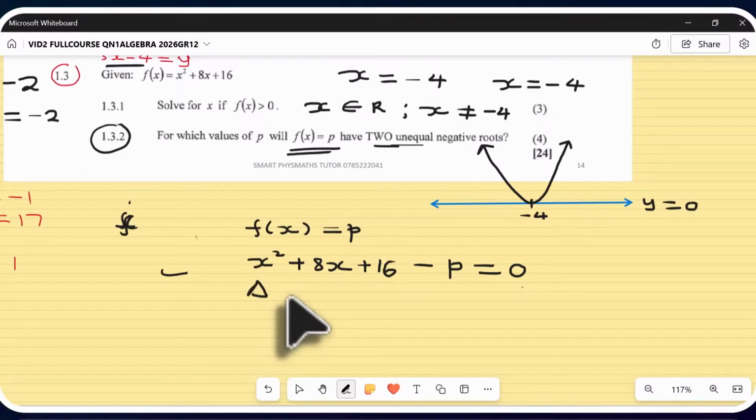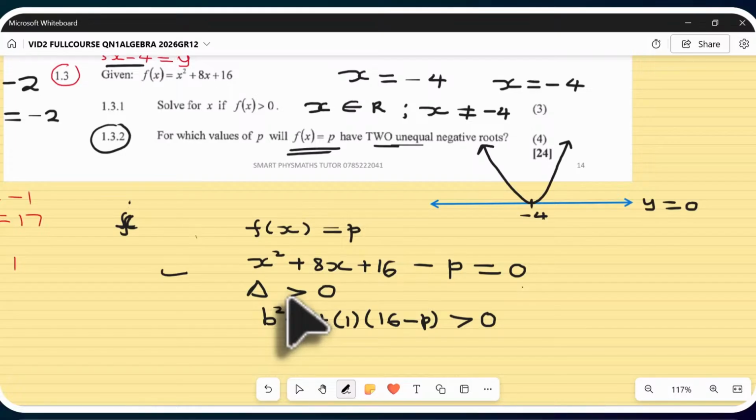That's one condition. But if we solve the quadratic here, we know x equals to minus b, and our b is 8, so minus b is minus 8, plus or minus the root of b squared minus 4ac, which we saw here gave us 4p under root.